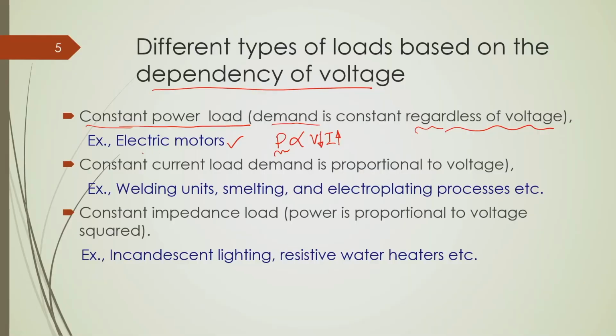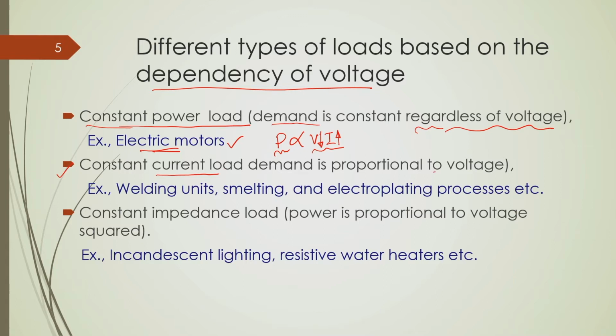It depends upon various factors, which I will discuss from time to time. But the electrical motor is a constant power load, because it can draw a higher amount of current if the voltage drops. Okay.